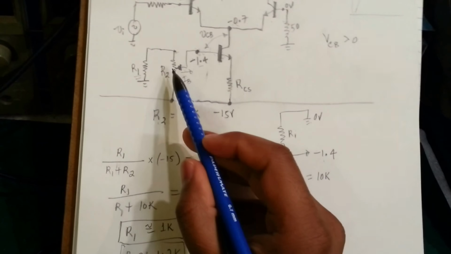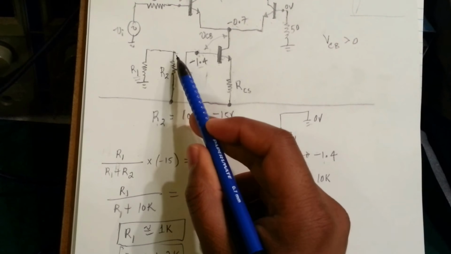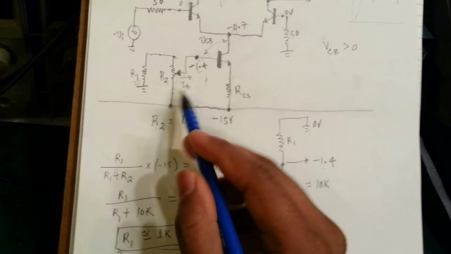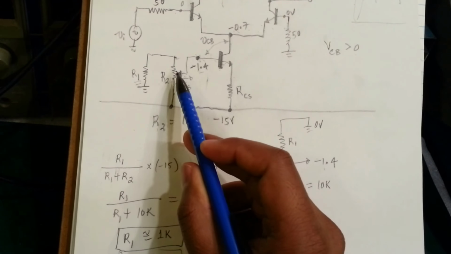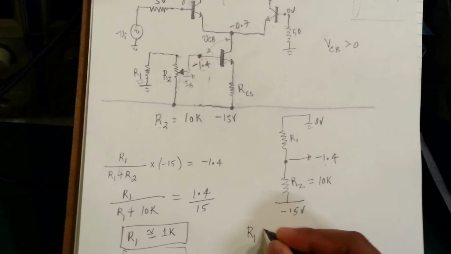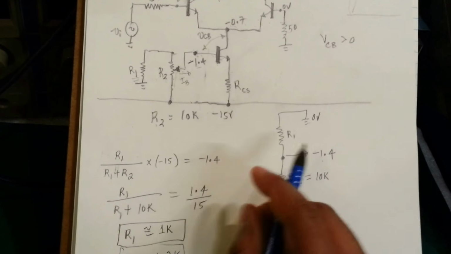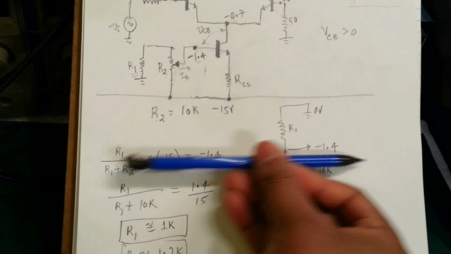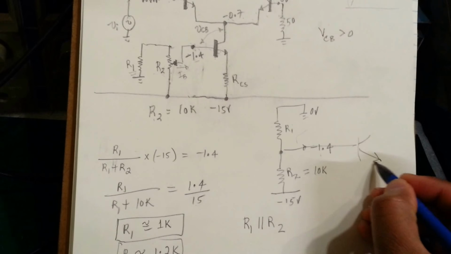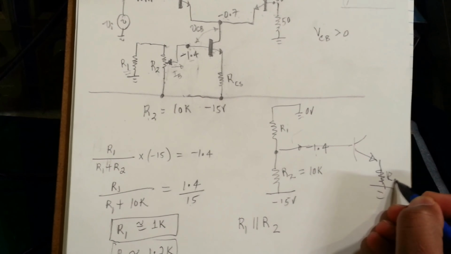In order to use this voltage divider rule, because we ignored the base current, remember, the transistor will be connected here and will load the circuit. So to ignore the loading effect of the base current, we have to make sure that R1 parallel R2 should be much less than the impedance looking into here. Remember, there's the transistor here, and there's the source, the RCS here.